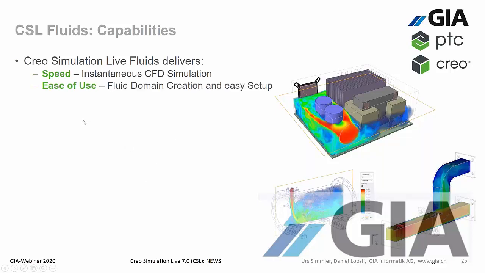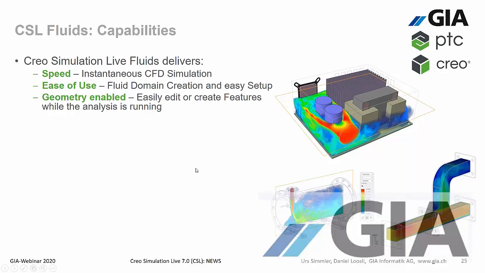And when you're a Creo Parametric user, it's very easy to handle and set up this kind of analysis. And of course, it's geometry enabled. That means if you have a change, you see within seconds what happens with that change.